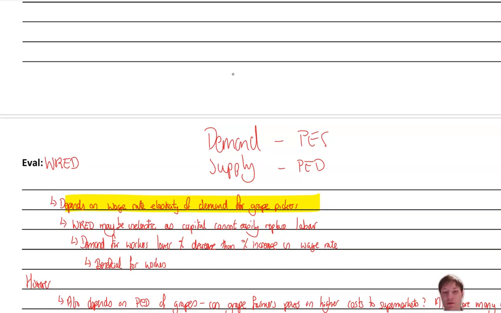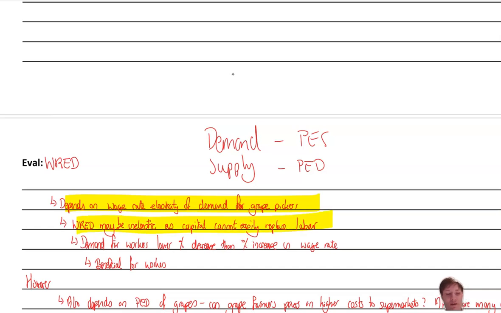Now, that may not be the case in the long run, but certainly today a reasonable argument could be that it is difficult to replace labour for capital. And if it is difficult to replace labour for capital, then the elasticity of demand will be more inelastic. Remember, if we can immediately replace labour, then our demand for labour will fall, and we'll switch over to capital, using machines to pick grapes instead.